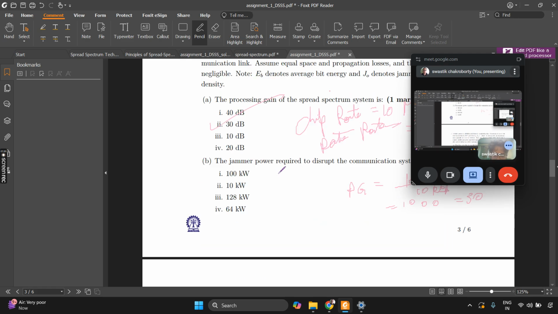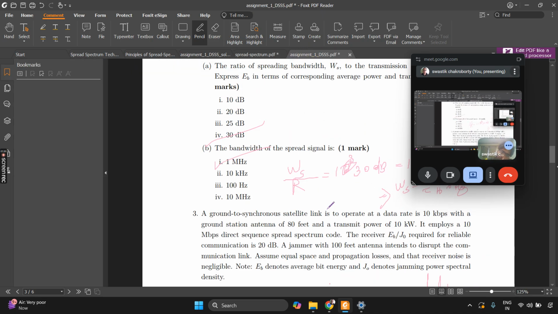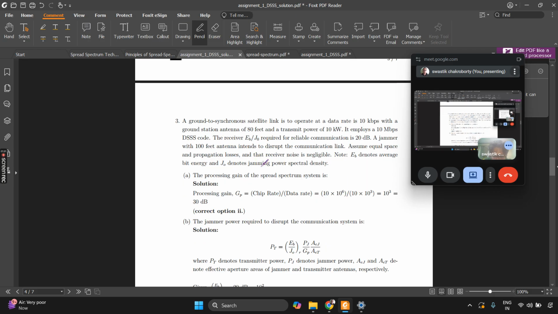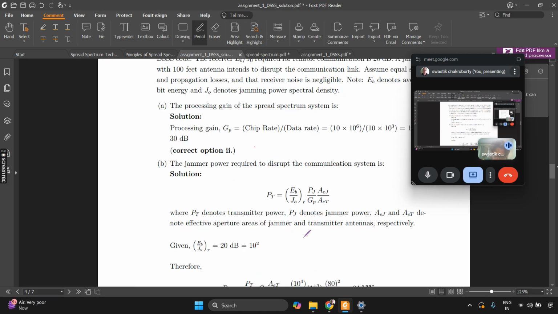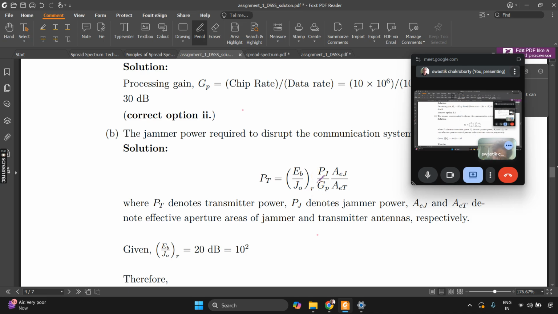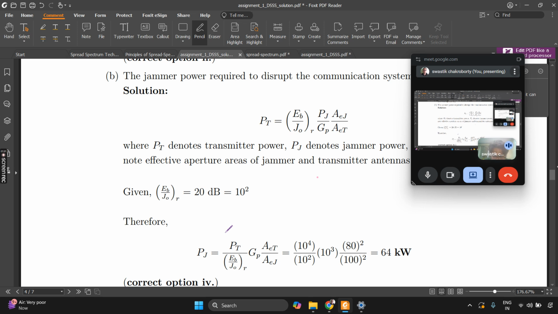Now the jammer power required to disrupt the communication system. The jammer power required to disrupt the communication system is given by Eb/J0 into jammer power by gain and the aperture areas. So Eb/J0 is given to be 20 dB, that is the jamming margin.